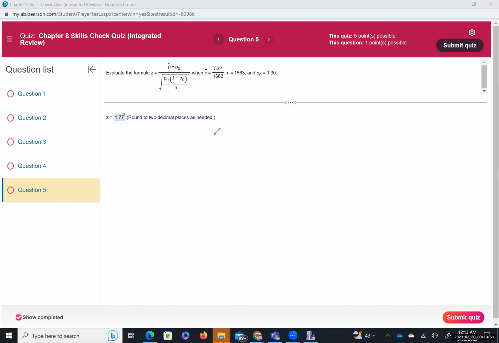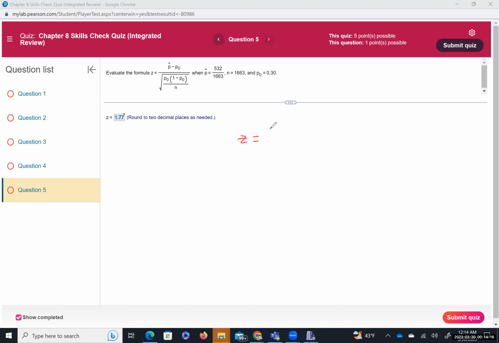This time I will show you the way to do it if you don't want everything at once. If you plug everything in at once, absolutely the answer will be correct. But sometimes you just want to split, like do the top first and then the bottom. So let me show you how I do it.